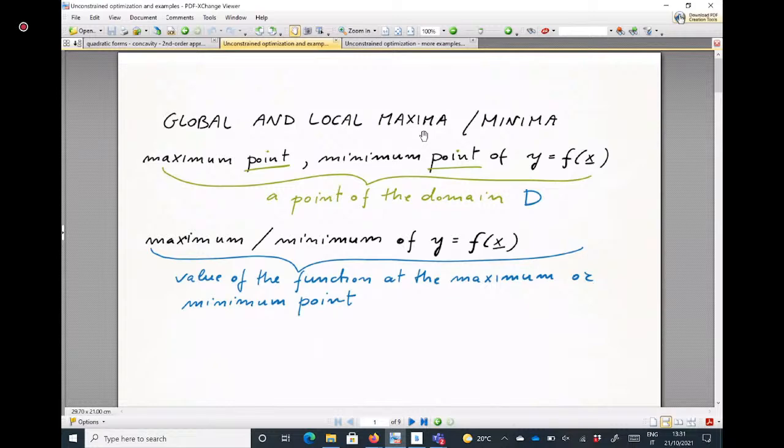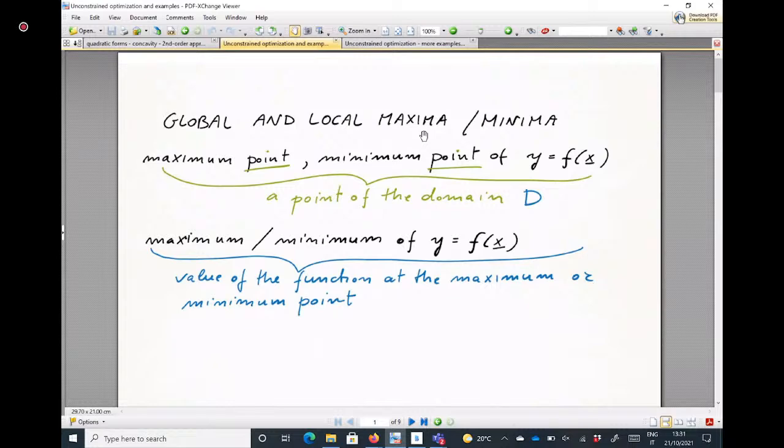Let me define what is a maximum point or a minimum point, symmetrically, for a function of n variables, y equal to f of x. X is a vector. First of all, a maximum point or a minimum point are points of the domain of the function, okay?